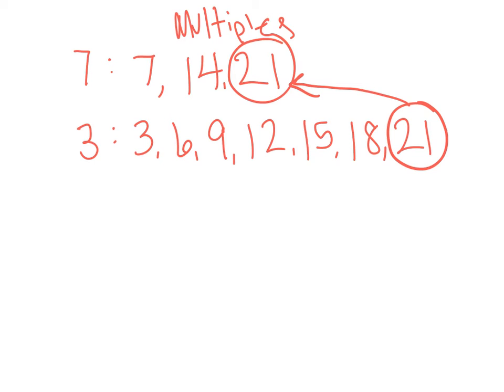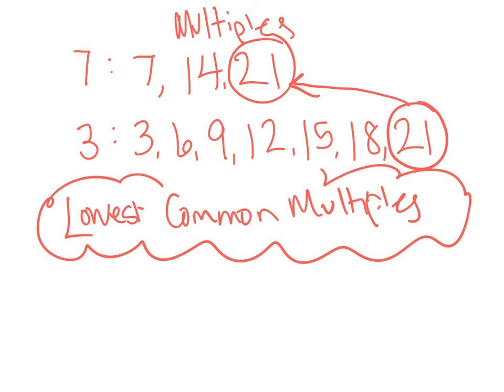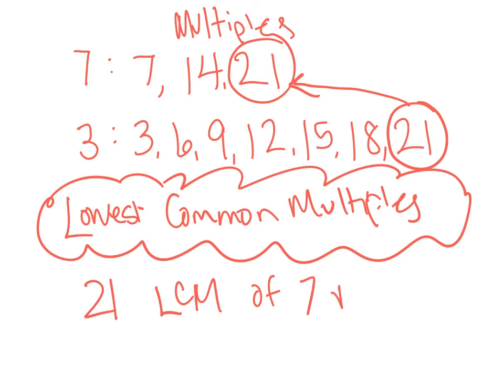So it's going to be important that we found the lowest common multiple. And this will come into play later as we do more math. So 21 is the lowest common multiple of 7 and 3.